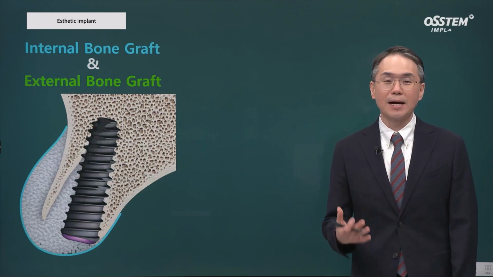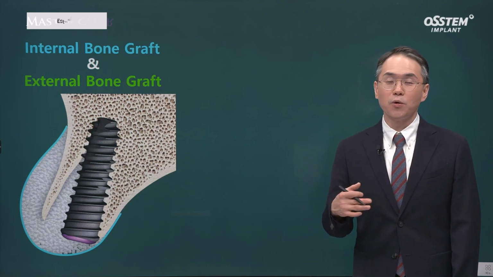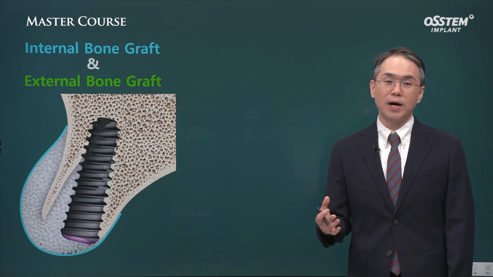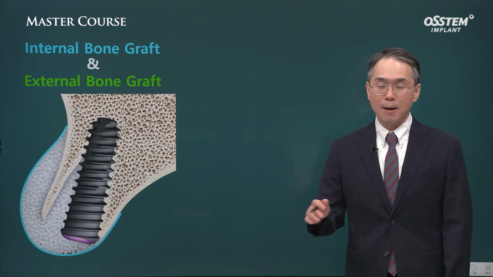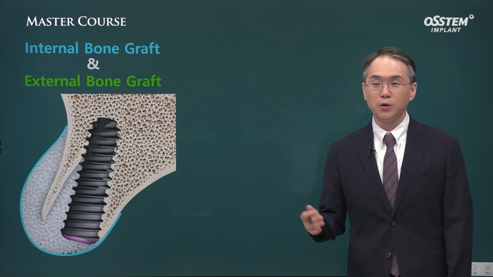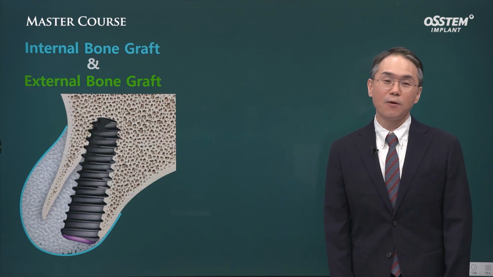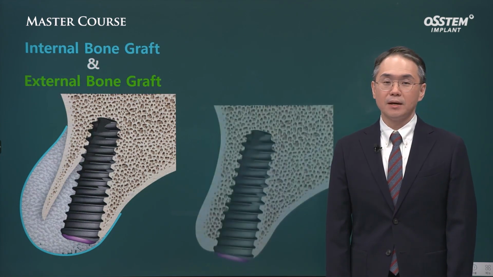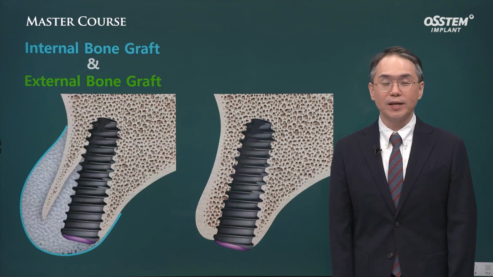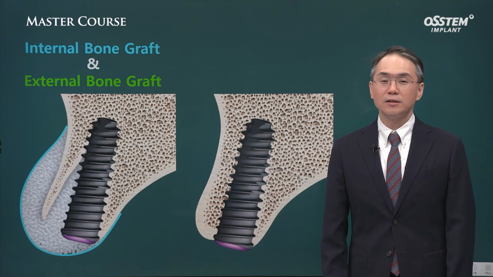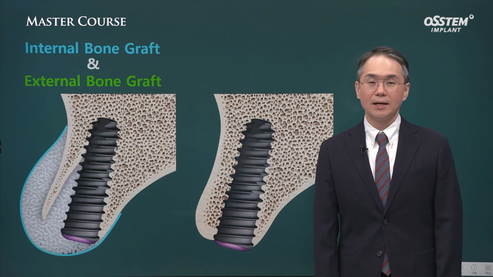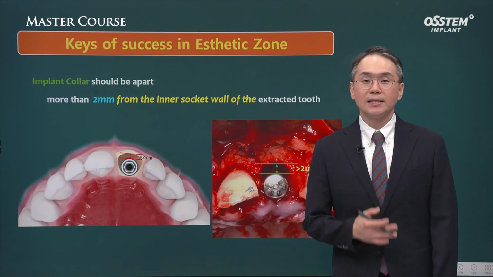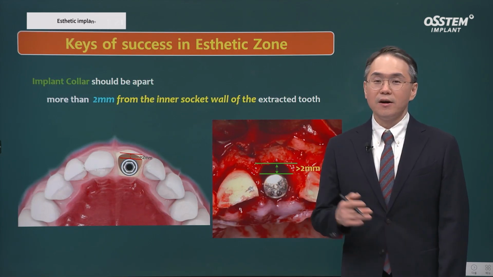In order to do this clinically, we will need to open the flap extensively, and once graft material is placed also outside the extraction socket, and when membrane is applied, it's going to be very difficult to get primary closure. In this case, you may be able to get a thick labial wall. However, this is actually very difficult to do in clinical situations.